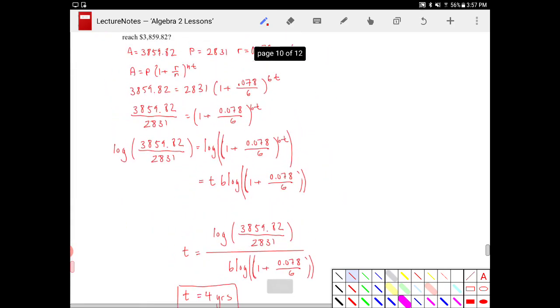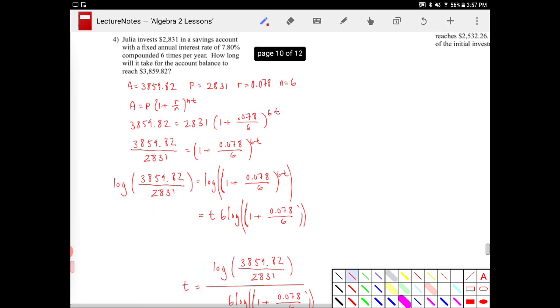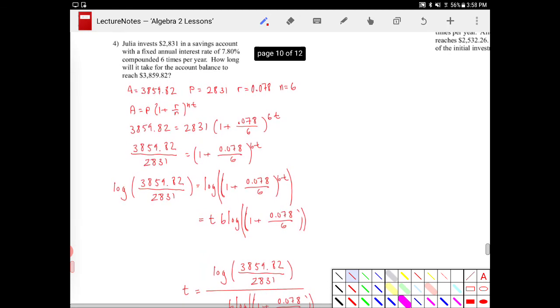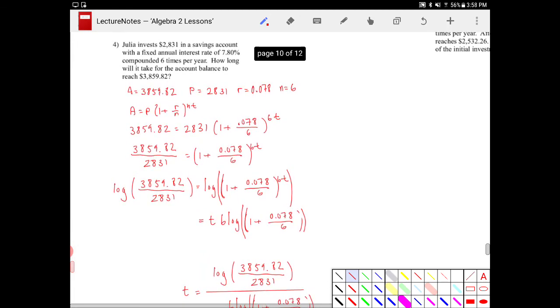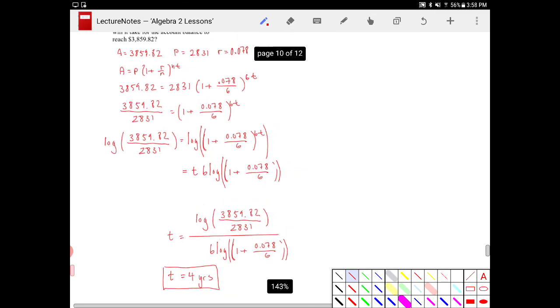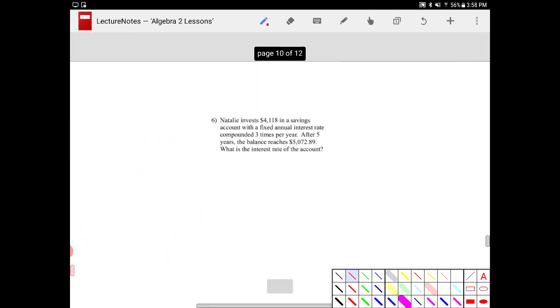Okay, so it would take 4 years for that investment account to go to $3,859. All right, moving on.